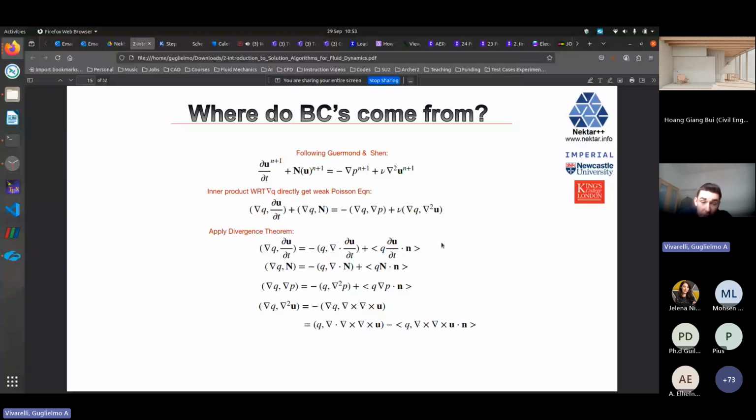So what happens? You've got your equation at the top, which is the shorthand version of the Navier-Stokes equations in incompressible format with the n+1 exponent, and that is because it is implicit.